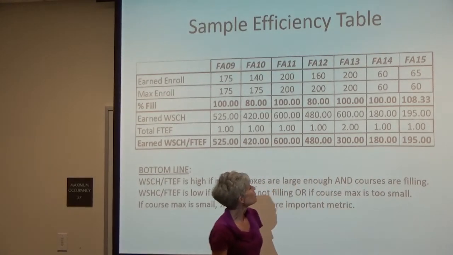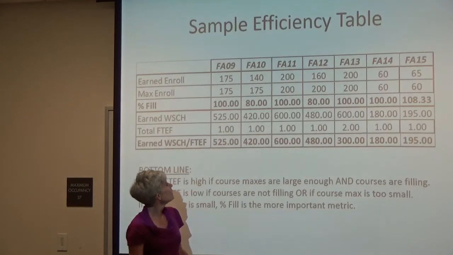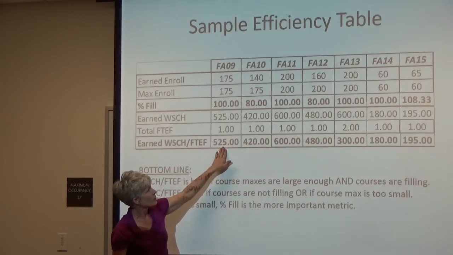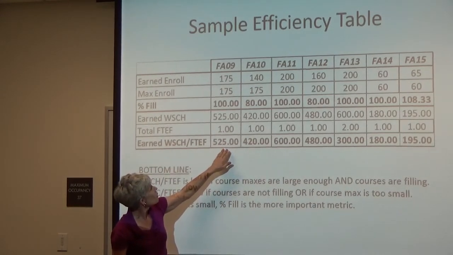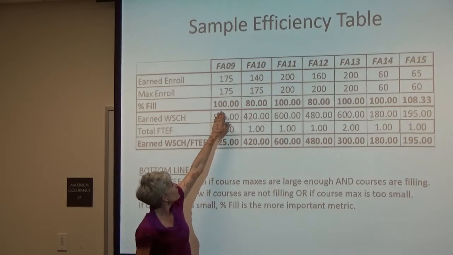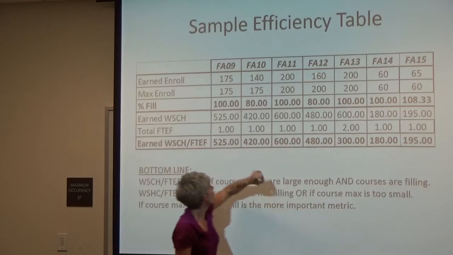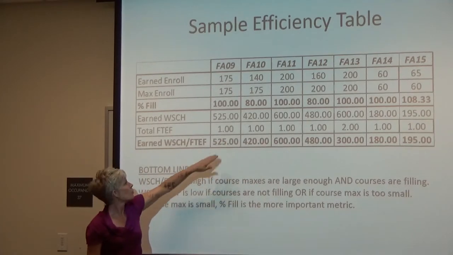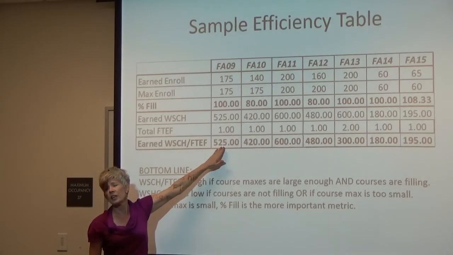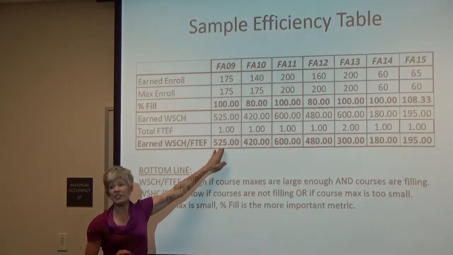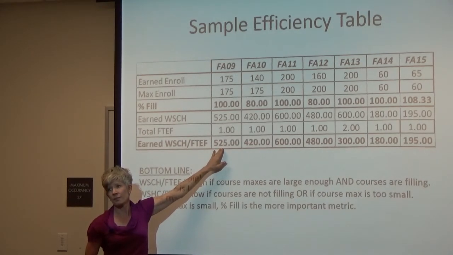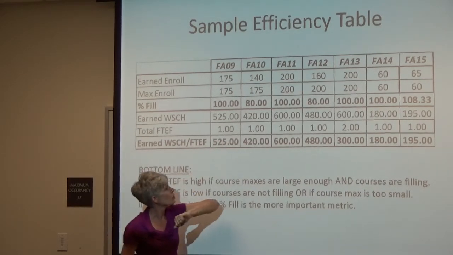All right, now that is much smaller than when we have our larger class sizes over here. So we've got 100% fill over here, 100% fill here, 1.0 over here, 1.0 over here. But our wish over here is 525 because we have 35 students in each course section.